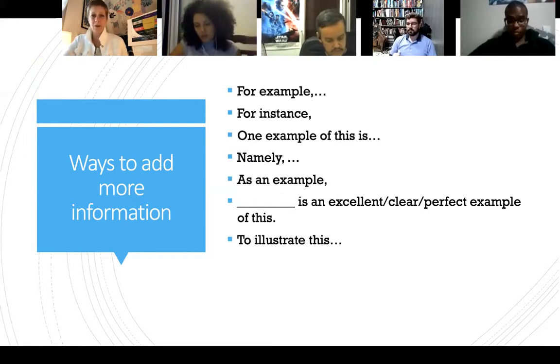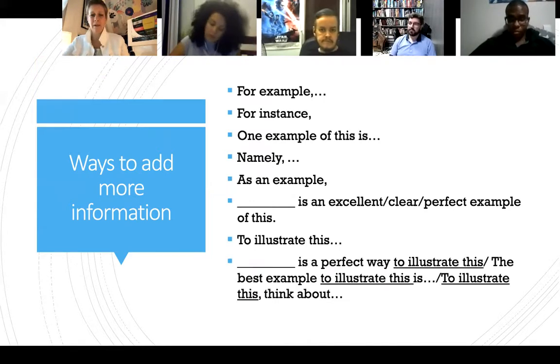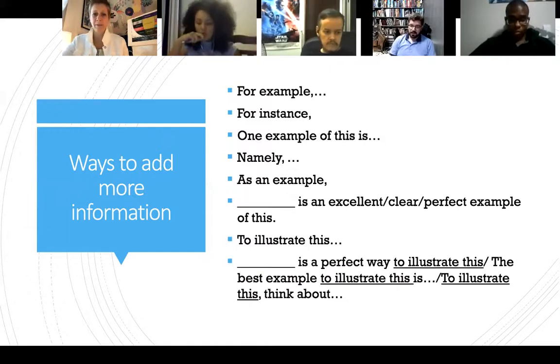Is everybody familiar with that phrase? Yeah, yeah. So illustrate is like to paint a picture or to draw something. Okay, so to illustrate this, blah, blah, blah, you're going to explain. I just gave you a couple ways to use to illustrate this if you're not familiar.